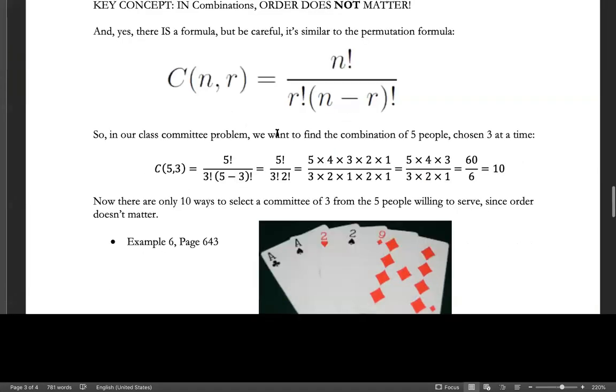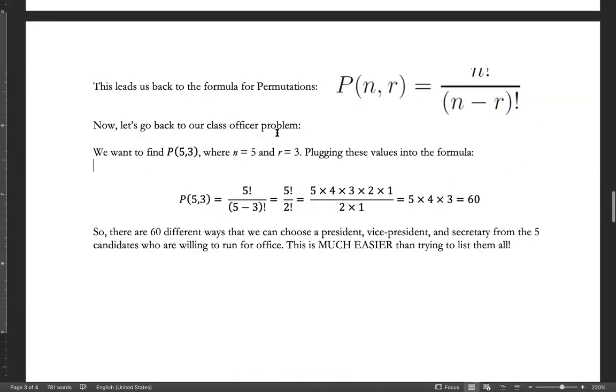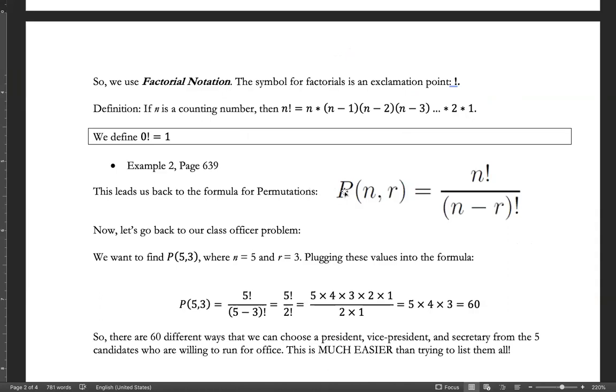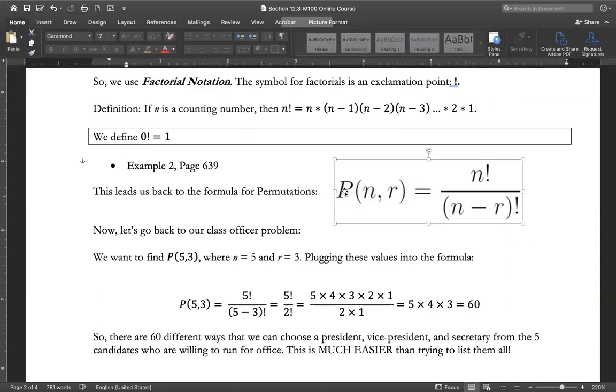But this is how you denote whether you're doing a permutation or a combination. It's the letter P or C. So we would read this as the permutation of n objects taken r at a time. The formula for that is n factorial, in other words, that first number, factorial on top, divided by n minus r factorial.